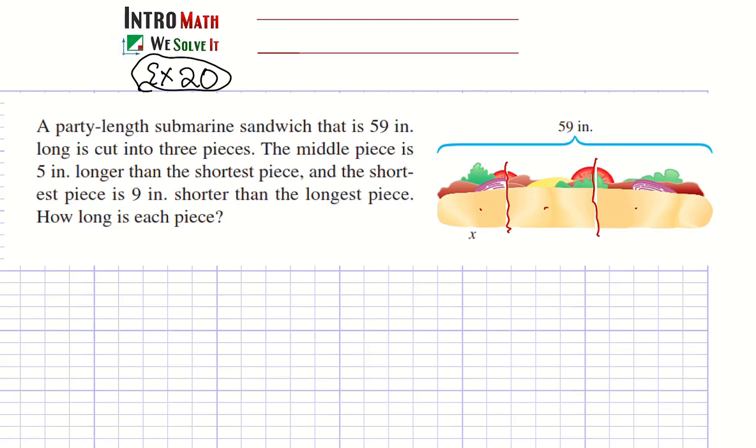Again, this is like the other problem we're solving. They're comparing 3 things. We've seen it before. You take your cue as soon as you come from here. The middle piece is longer than the shortest piece.